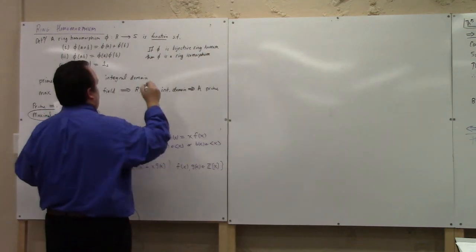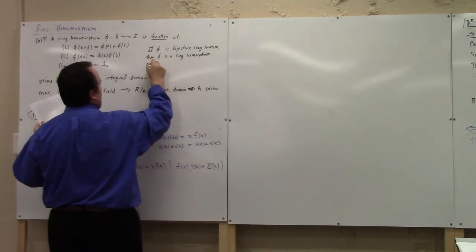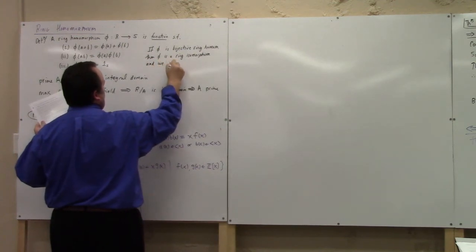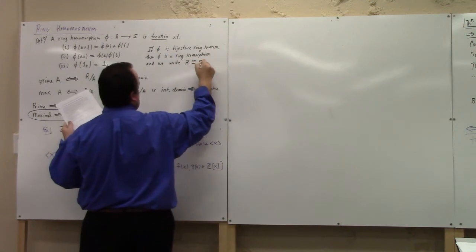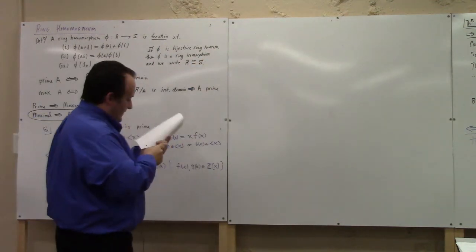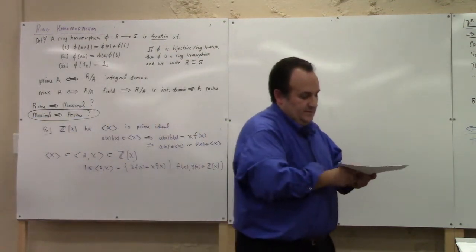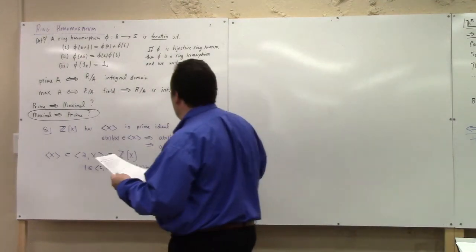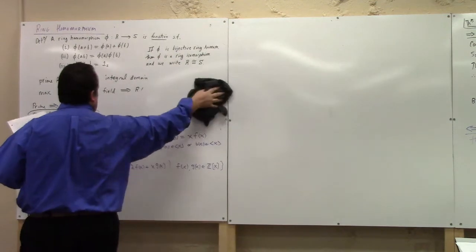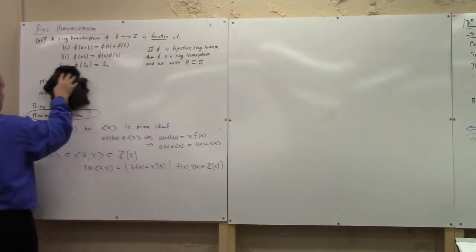And we write R isomorphic to S. If R is equal to S, and you have an isomorphism from the thing to itself, then it's actually called an automorphism.